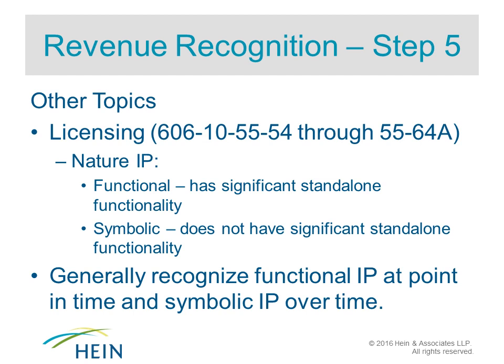The first one being functional, meaning it has significant standalone functionality, which is kind of what we were driving towards with the software discussion a moment ago. Or is it symbolic, where it does not have significant standalone functionality? Generally, for functional IP, you will recognize revenue at a point in time, and for symbolic IP, you're going to recognize revenue over time.